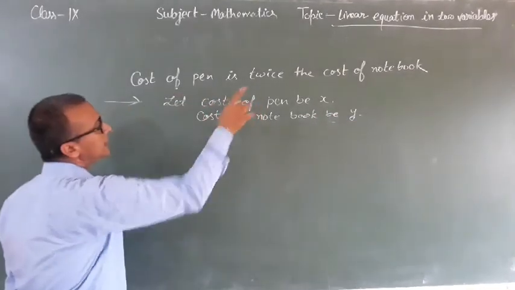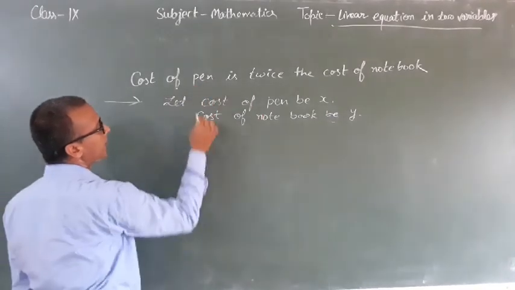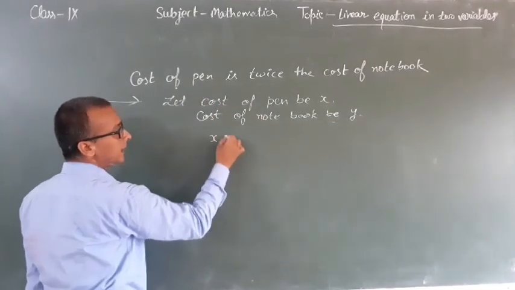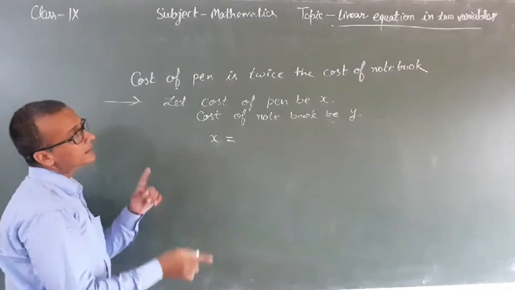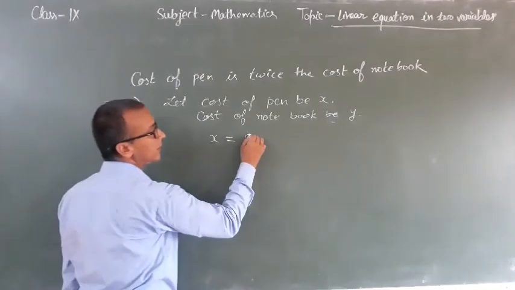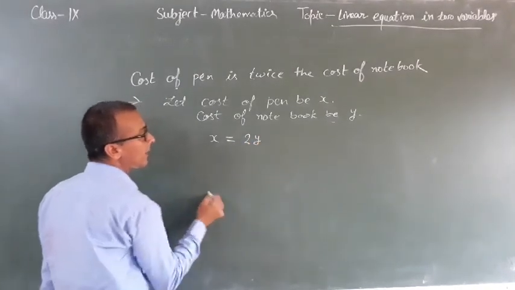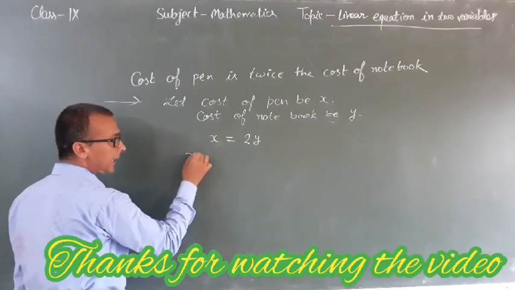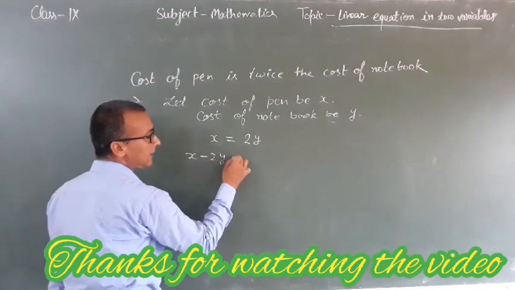Then according to this statement, the cost of the pen, that means x, is equal to twice the cost of the notebook, 2 into y, and it may be written as x minus 2y is equal to 0.